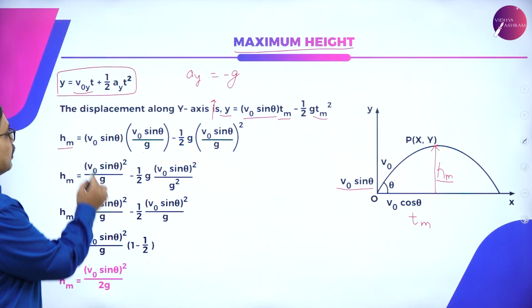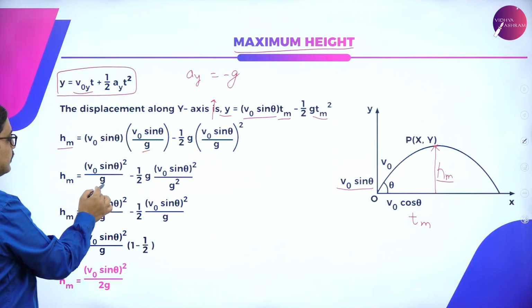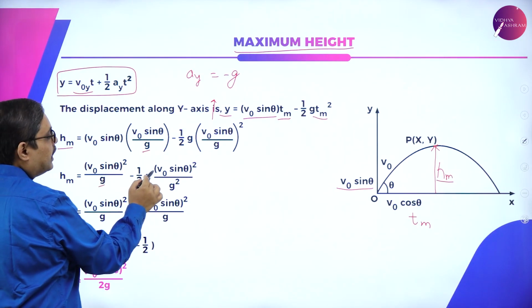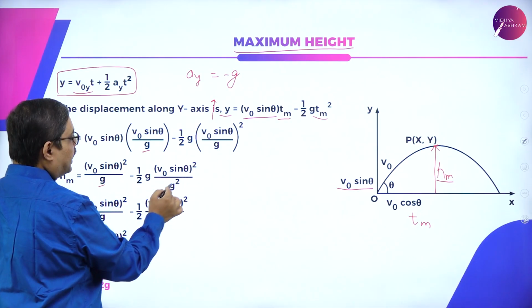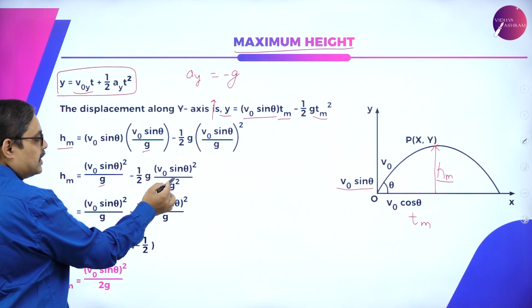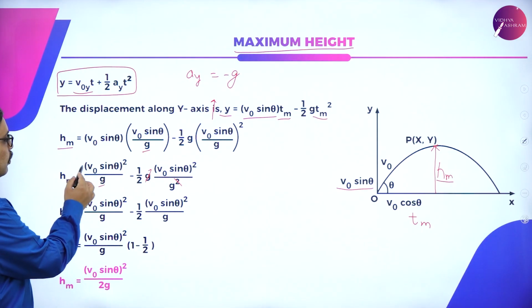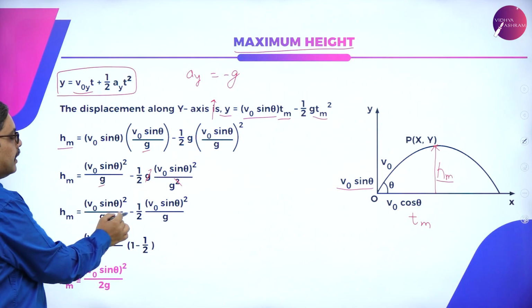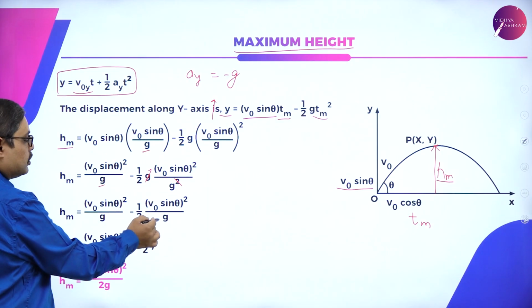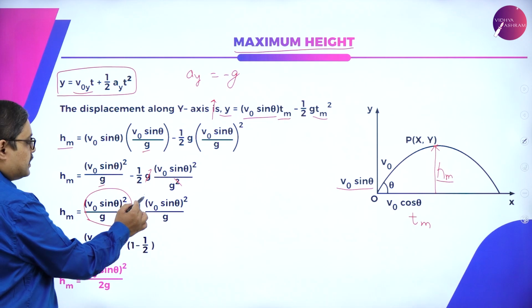Further, what do we get? We get V naught sine theta whole square by g minus half g into V naught sine theta whole square by g square. Why have I kept the g square separately? So that one g gets cancelled here. What is left? V naught sine theta whole square by g minus half into V naught sine theta whole square by g. This term V naught sine theta whole square by g is common.